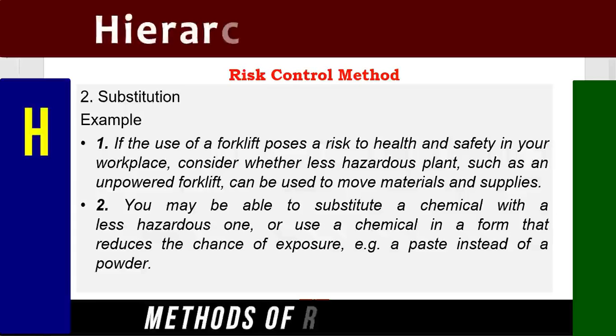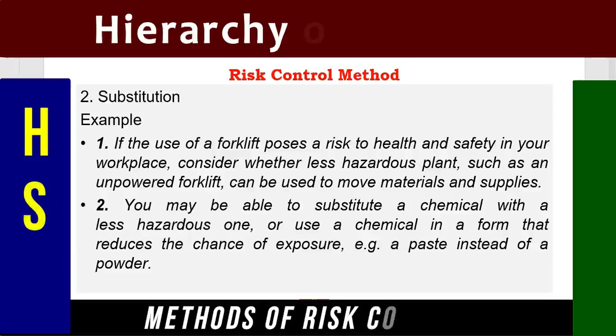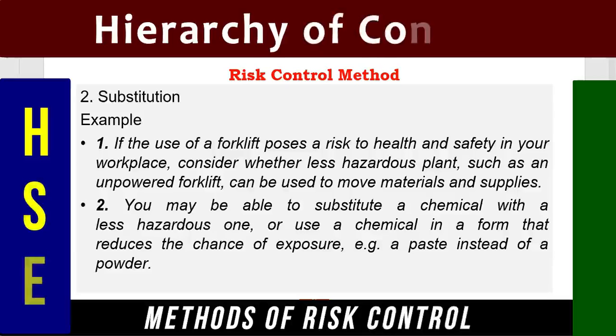Second example of substitution: you may be able to substitute a chemical with a less hazardous one, or use a chemical in a form that reduces the chance of exposure. For example, a paste instead of a powder. So this is the way you can remove the hazard, or you can reduce the level of risk.